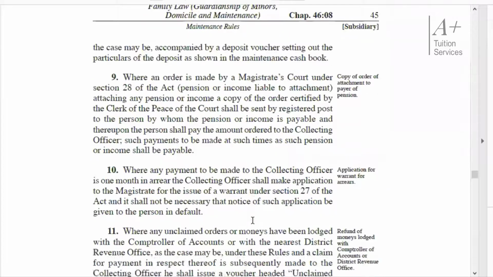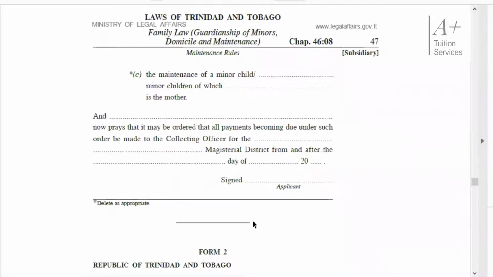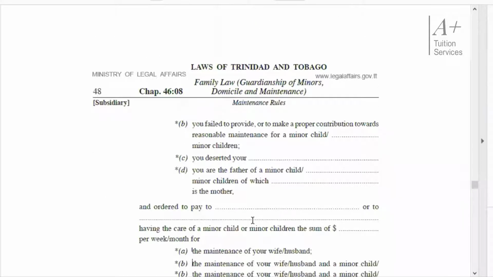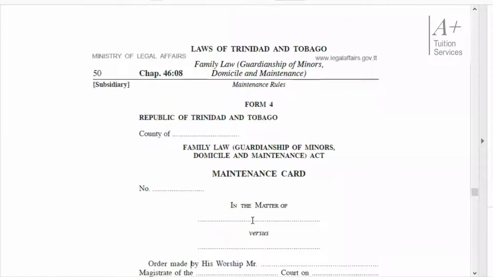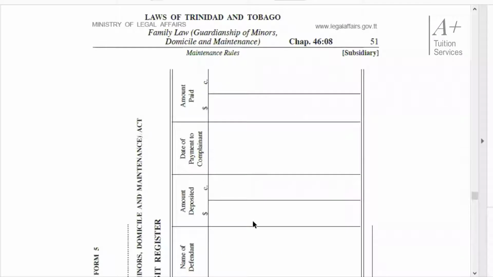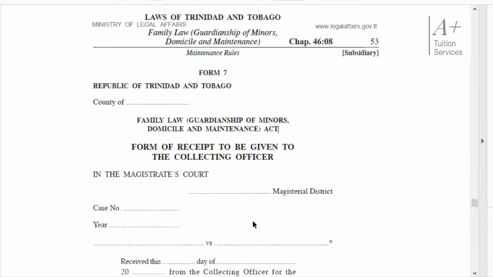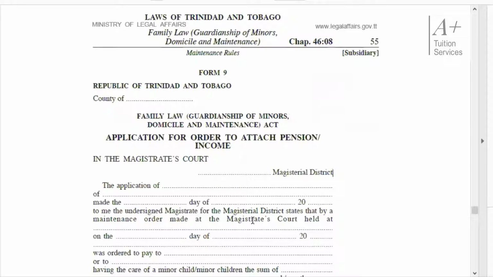What I will do is ask you questions and post them, and you'll have to go through the document and find the answers. So that should help you, okay? This is the part with forms, the different forms and so forth. You'll have to collect in court, and maintenance cards, and so forth. Now, I don't know if we have maintenance cards anymore, but these things are what should be in place to ensure that things run smoothly.